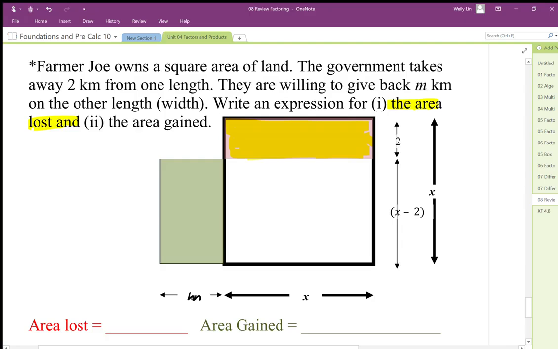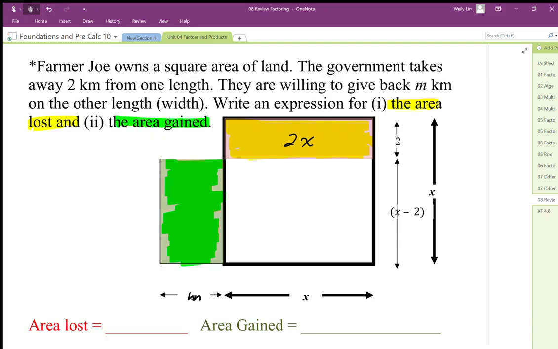Well, the length is x, and the width is a number, 2. So this is going to be 2 times x. That's the area lost. The area gained is going to be this area in here.